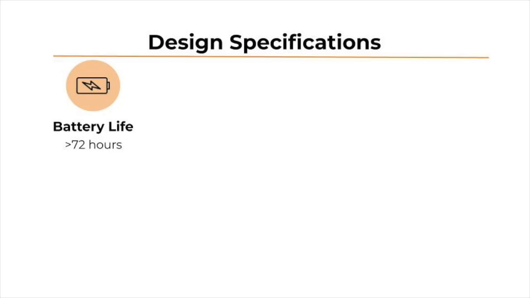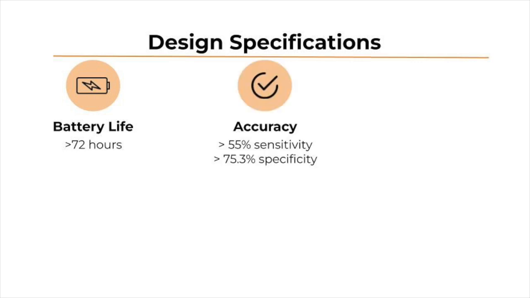In order to design our fall context detection system, we came up with a variety of design specifications that we'd have to meet. First, since we'd be sending our wearable device home with the user for 72 hours, we needed our battery to last at least that long. We also needed a device that is accurate enough to catch all falls, and specific and sensitive enough to catch any near falls.